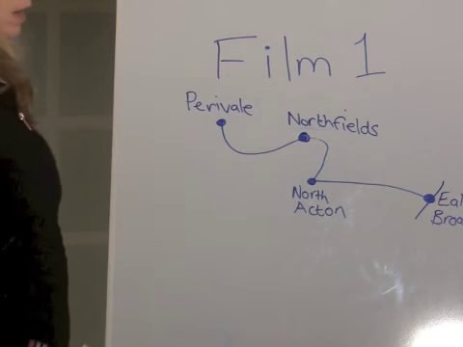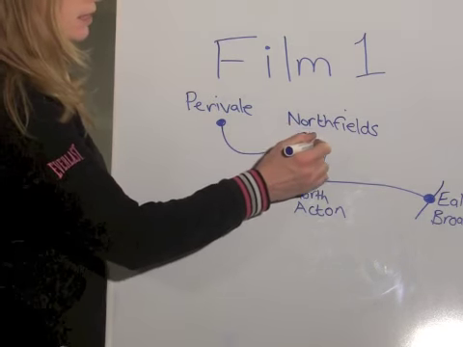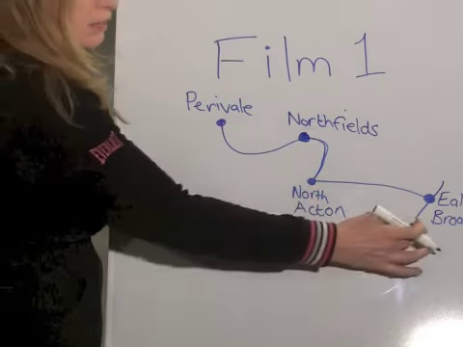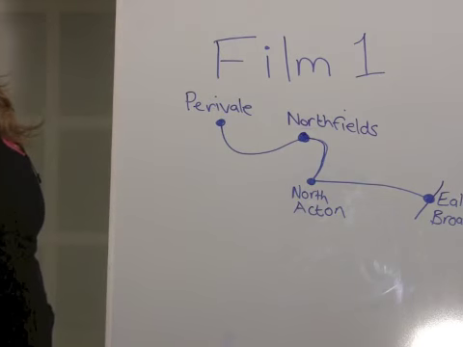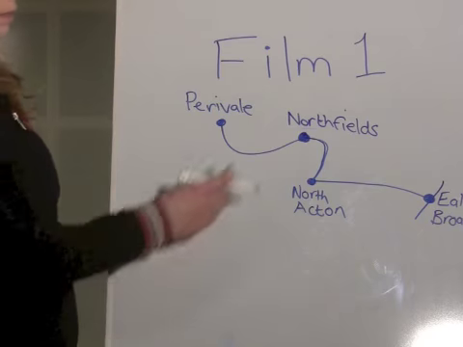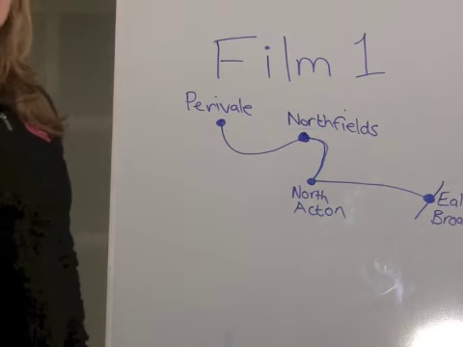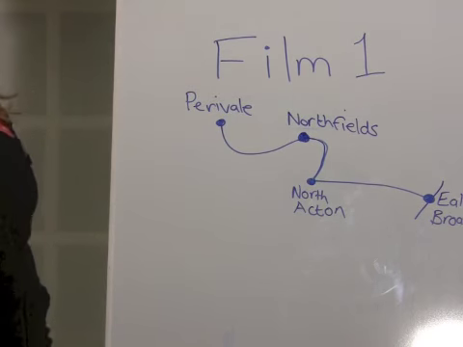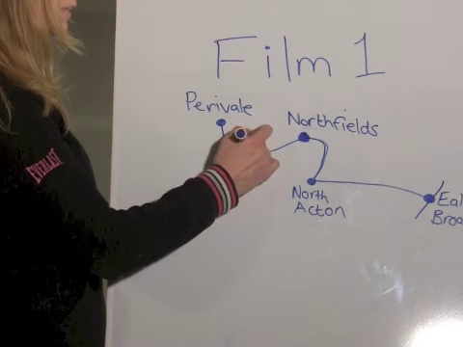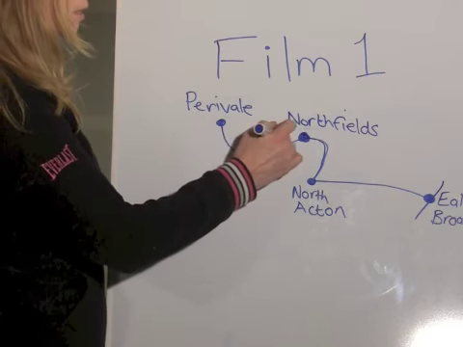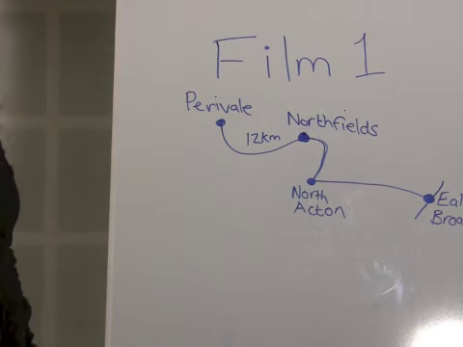And here I have a diagram that is a journey that ends at a place called Ealing Broadway. This time the diagram doesn't have any distances on it, but in the question we hear that it is 12 kilometres from Perryvale to Northfields. So I'm going to write that in, 12 kilometres from Perryvale to Northfields.